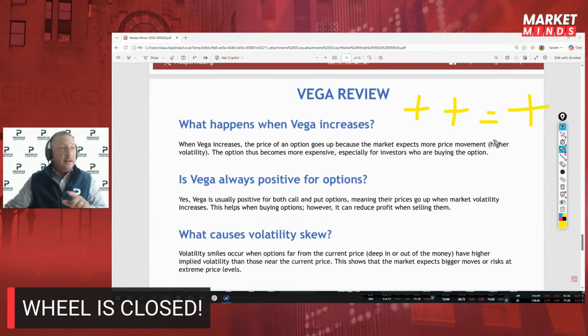If I sell an option that has positive Vega, then I will have a negative Vega position or be short volatility. Does everyone understand that? Doesn't matter call or put. You got to remember that. Doesn't matter call or put. And remember that a call or put with the same strike, same expiration, has the same volatility risk to it.